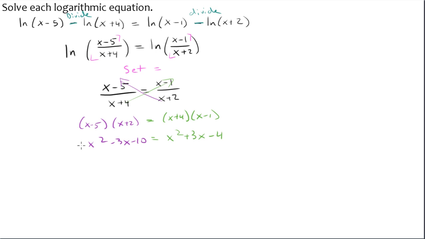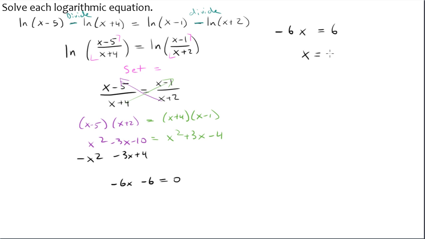And then when we get them together, that would be minus x squared minus 3x plus 4. So this is minus 6x minus 6 is equal to 0. Okay. So that means negative 6x is equal to 6.